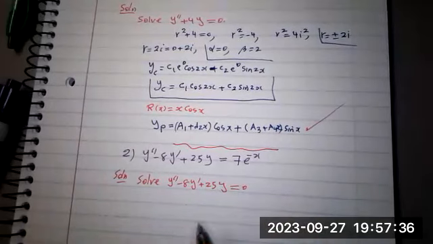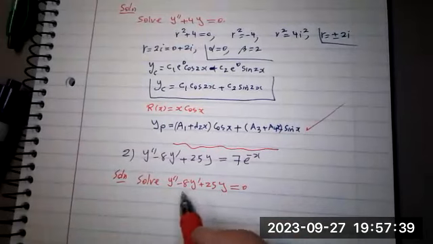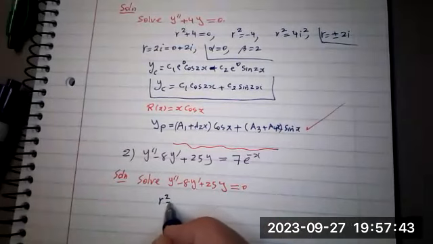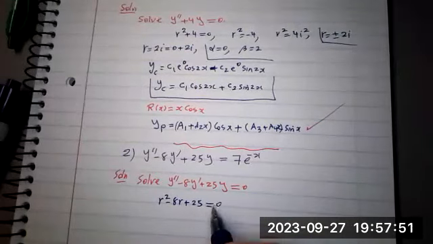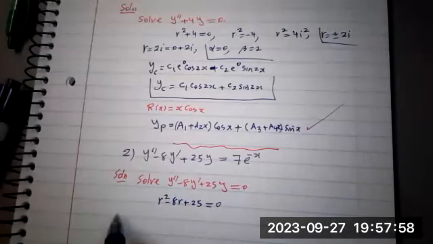What's the characteristic equation? r squared minus 8r plus 25 equals 0. You have to solve this equation. You cannot factor it, so use the quadratic formula.